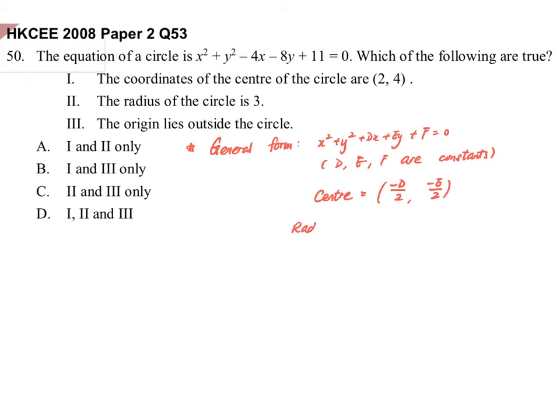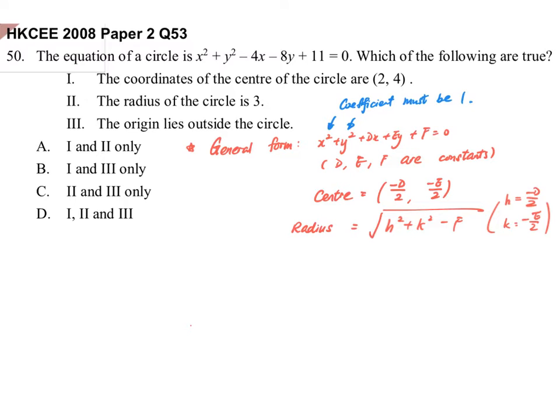We also have a formula to find the radius, that is square root of h squared plus k squared minus f, where h is negative d over 2 and k is negative e over 2, the coordinates of the center. When you use these two formulas, make sure the coefficients of x squared and y squared are 1.